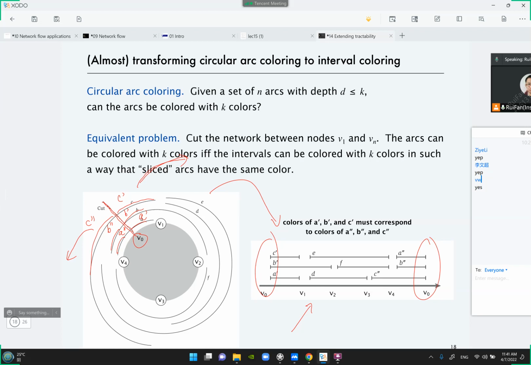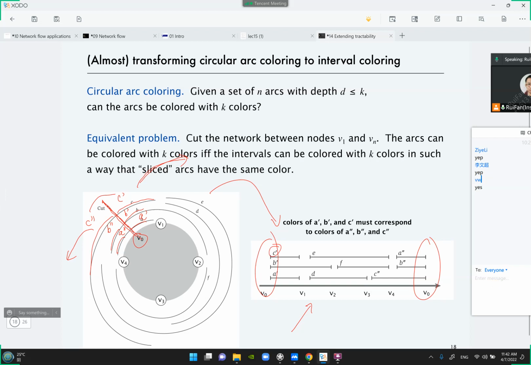However, there's one restriction about this interval coloring, which is that we just made a cut over here. In the circular arc coloring problem, the C interval only has one color. Now after you make the cut, you change C into two intervals, C prime and C double prime, and because they're both equal to C, that means C prime and C double prime have to have the same color.